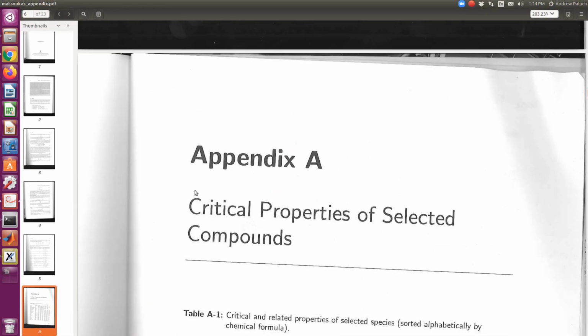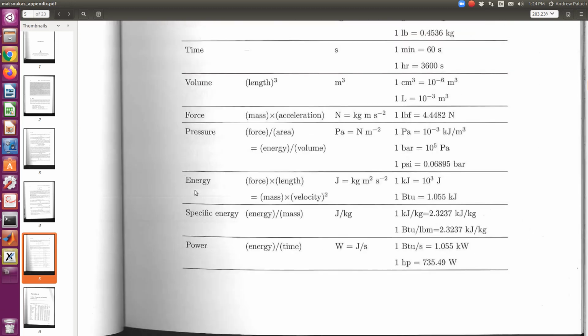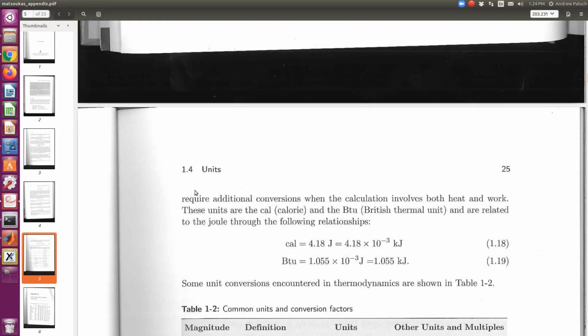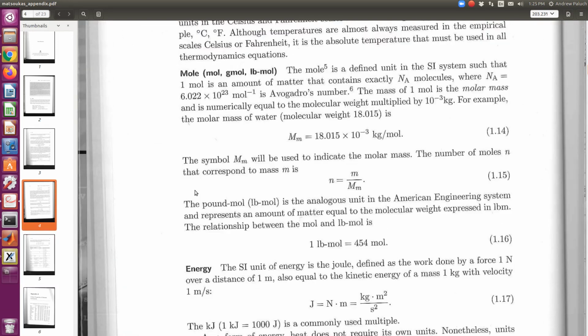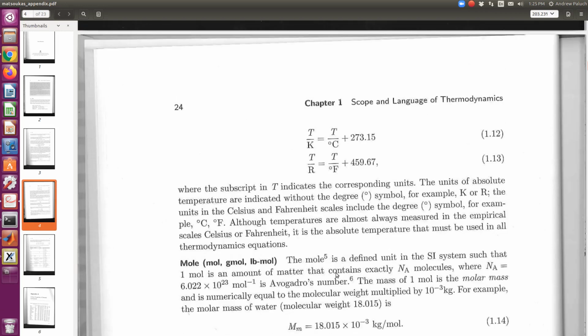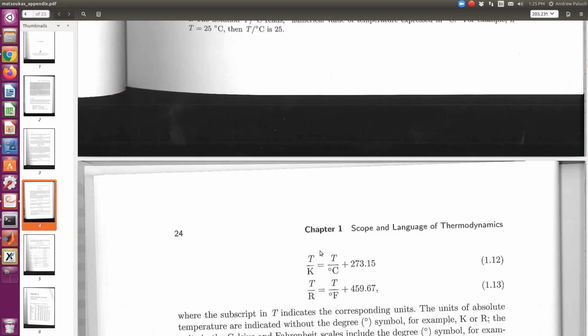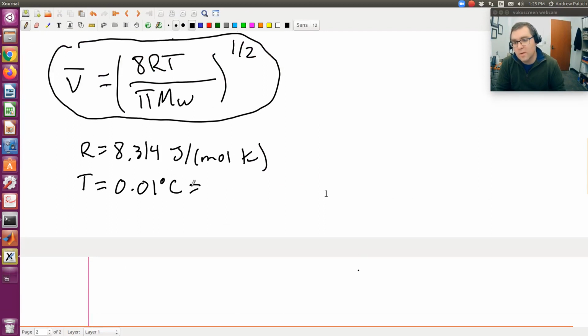If I go up to our scanned appendix, which we looked at in problem 1, to convert from Celsius to Kelvin, my temperature in kelvins is my temperature in degrees C plus 273.15. So that'd be 273.16 Kelvin.